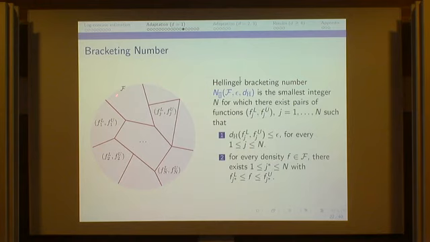And all the other functions here can be upper bounded by fjU and lower bounded by fjL, and these two functions are close enough. So this bracketing number characterizes the complexity of our parameter space.